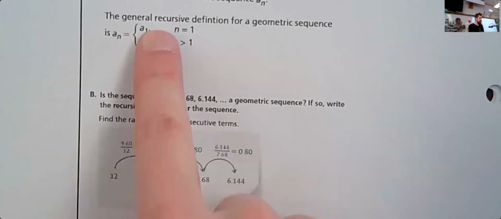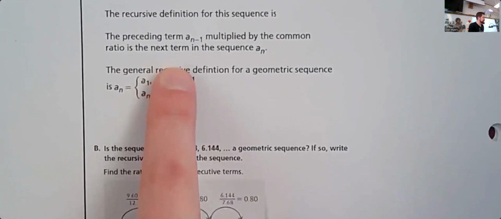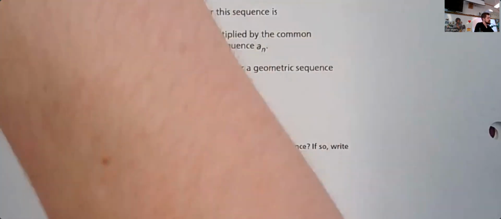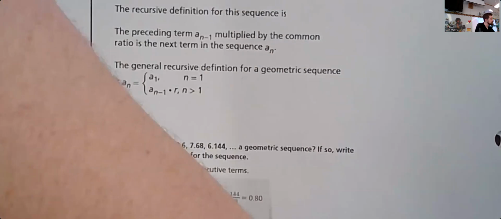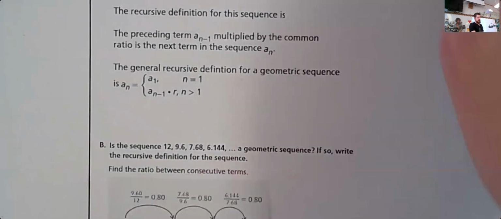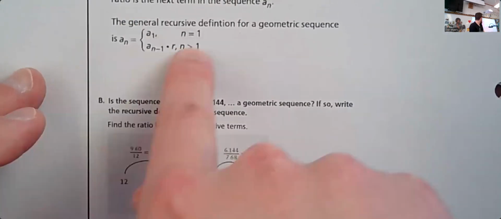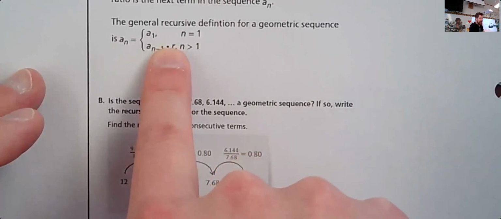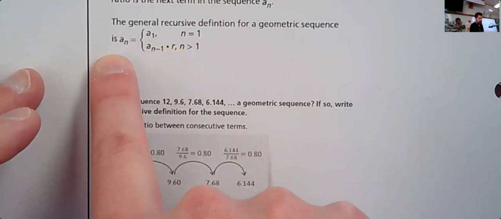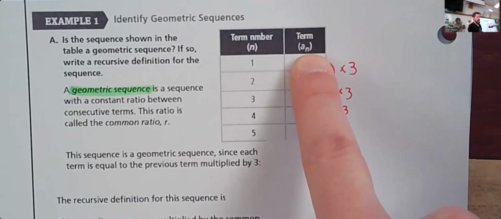So right here, a recursive definition for the sequence is, let's head down here for a second. This is how the recursive sequence looks, first of all. A sub n is equal to basically the value of y, whatever the term is.